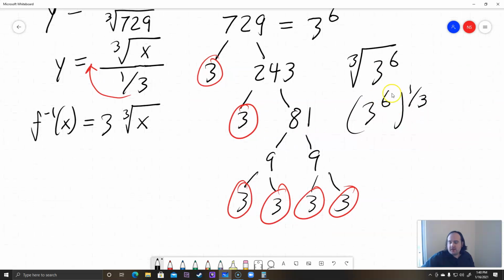So that would be 3 to the 6th to the 1/3, and then you just multiply these exponents. Okay? And so that's going to be giving you 3 to the 6 over 3, which is 3 squared, which is 9.